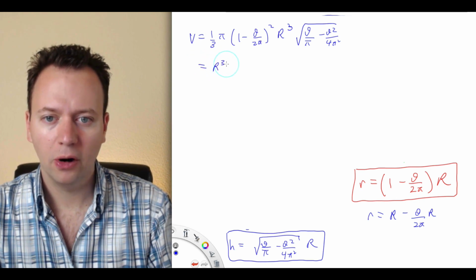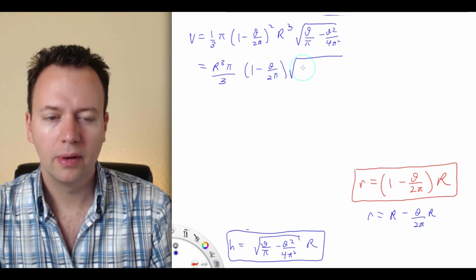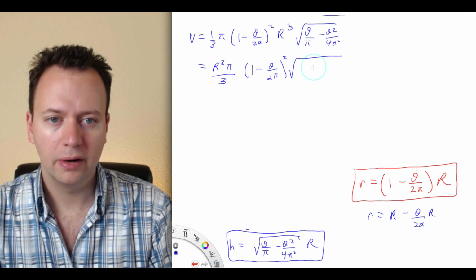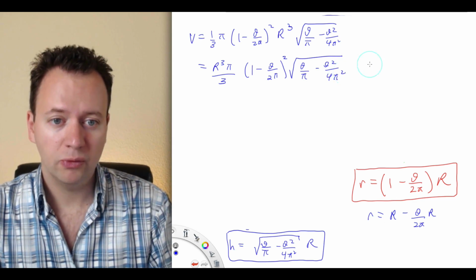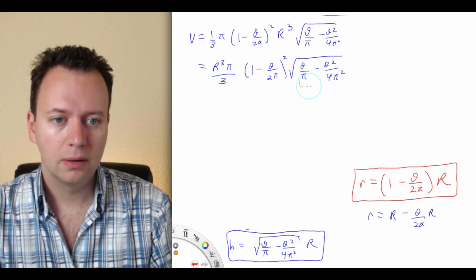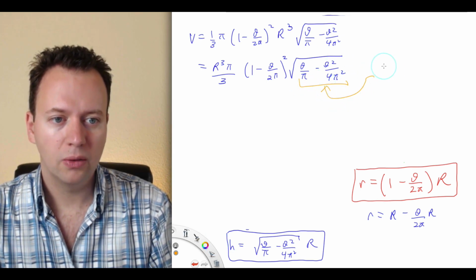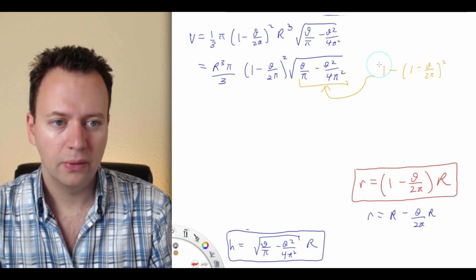So basically capital R cubed pi over 3 times 1 minus theta over 2 pi squared times the square root of theta over pi minus theta squared over 4 pi squared. Now that's interesting because recall that the part inside of the square root was given by 1 minus theta over 2 pi squared. Right, so this stuff inside the square root was equal to this.